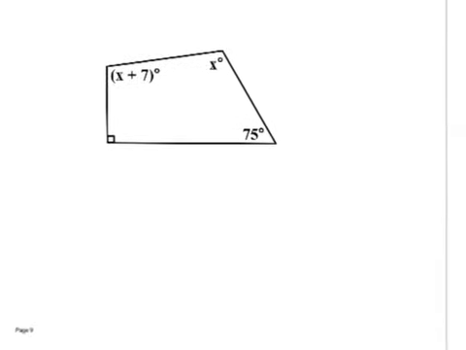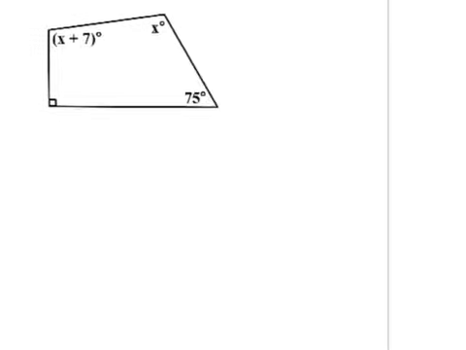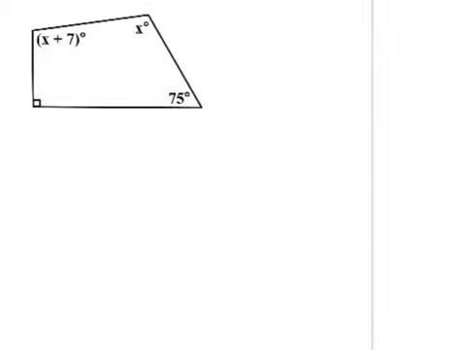Now here they have a quadrilateral with two missing angles. So you need to find both of them. So we need to add all these up. I'm going to take this angle. What's the angle measurement there?